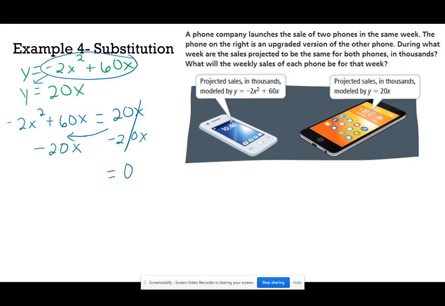Then you have to ask yourself, what is the like term of 20x? In this case, 60x and 20x are like terms. So I get to keep -2x squared, but I can do 60 minus 20. That's 40x.